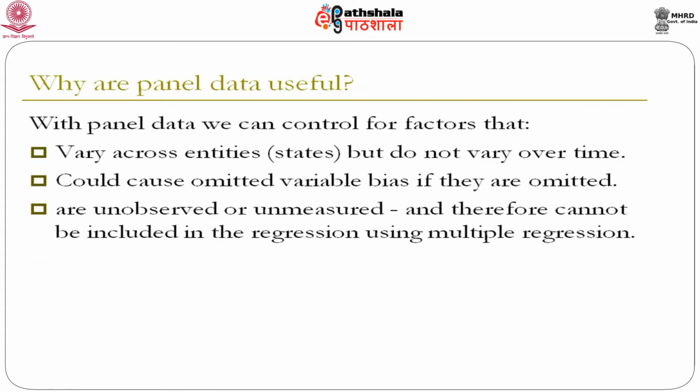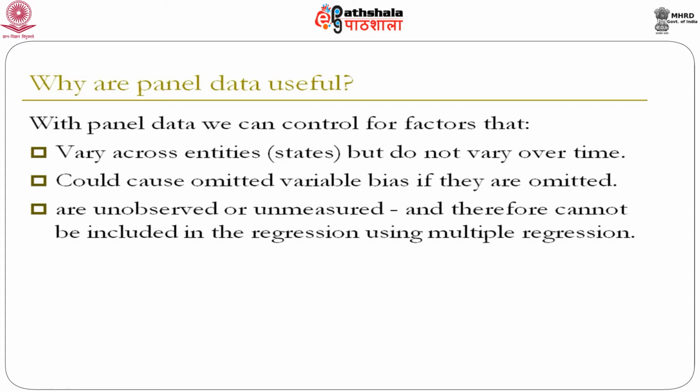So, why is panel data useful? With panel data, we can control for factors that vary across entities, that is states, but do not vary over time. There are some effects which vary across states but are not varying over time. These could cause omitted variable bias if they are omitted, and if they are unobserved or unmeasured, you cannot include them in a multiple regression.